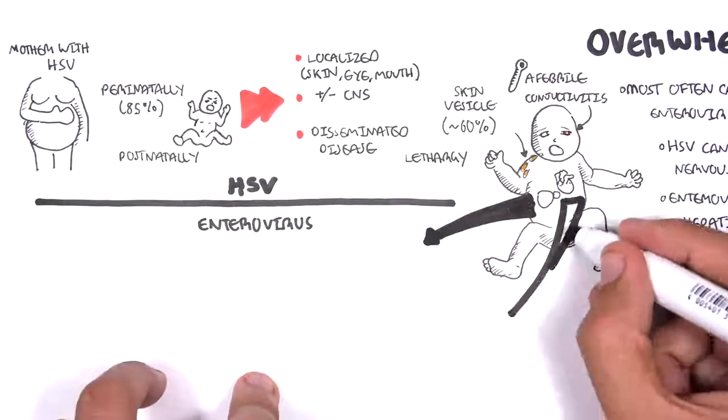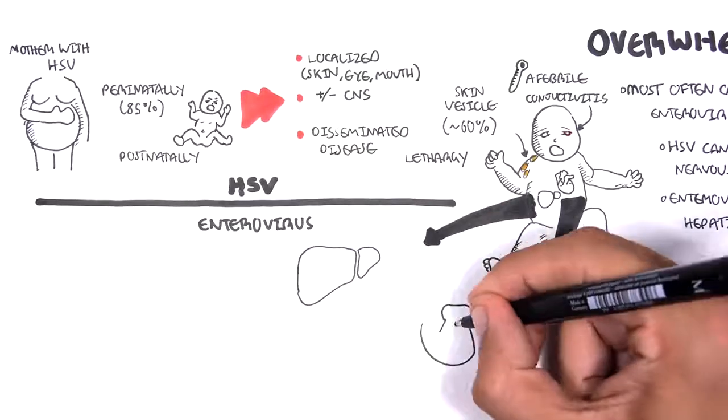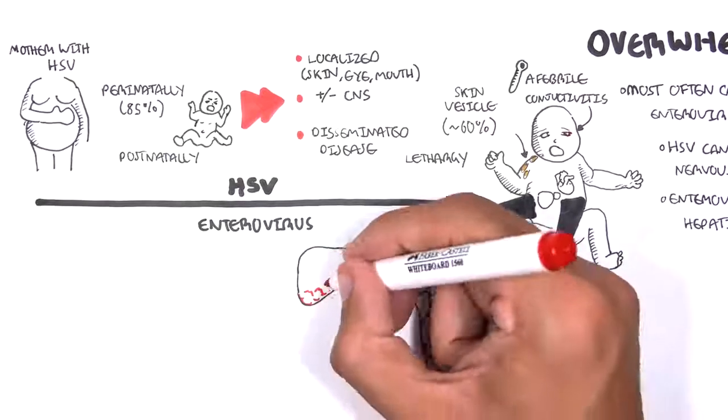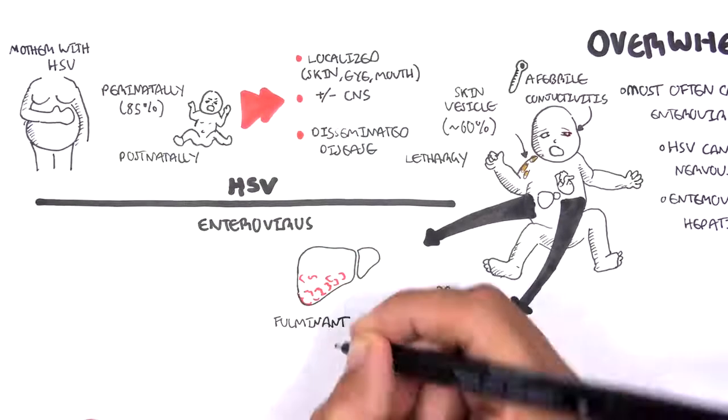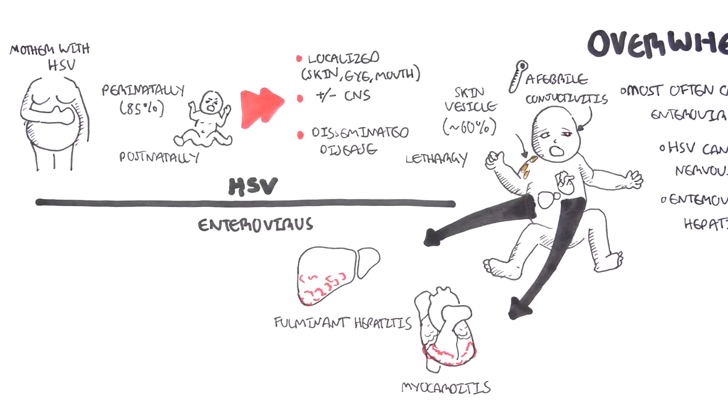Now, enterovirus infections can actually lead to a fulminant hepatitis or myocarditis, which is infection of the myocardium, the heart muscle cells. Now, if it causes myocarditis, it often has with it encephalitis or hepatitis.